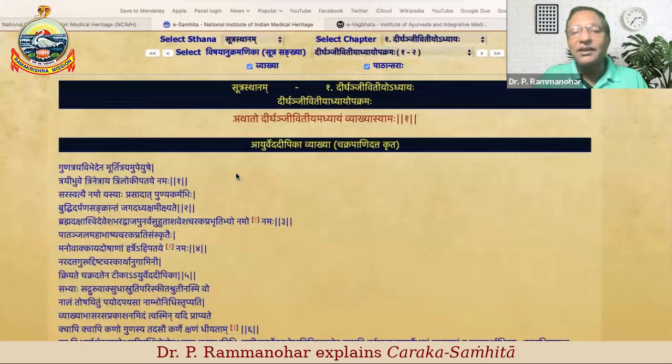Athādu dirghanjivitiyam adhyayam vyakhyāsyāma. So this verse clearly tells us that the goal of studying Ayurveda, the goal of studying Caraka-Saṁhitā, is to live a long life, to increase life expectancy of the whole population of humanity. And today people say it is only in recent times that life expectancy has increased.